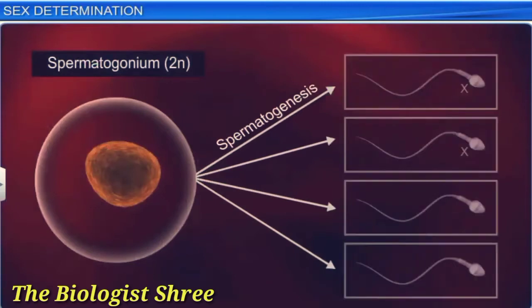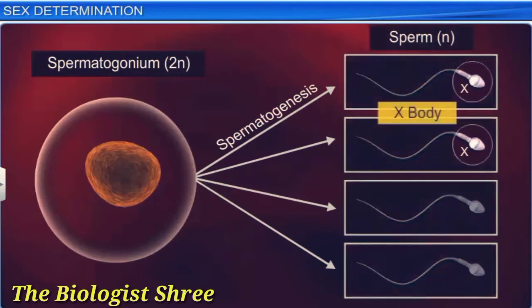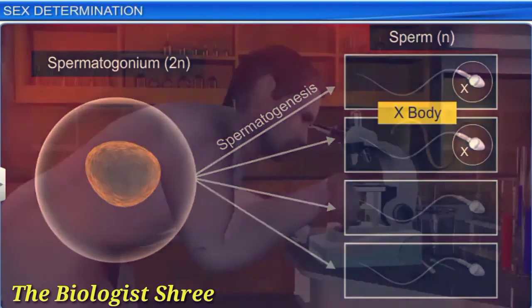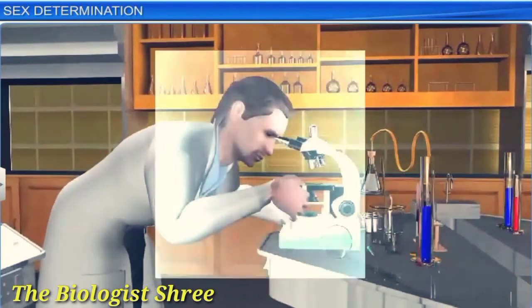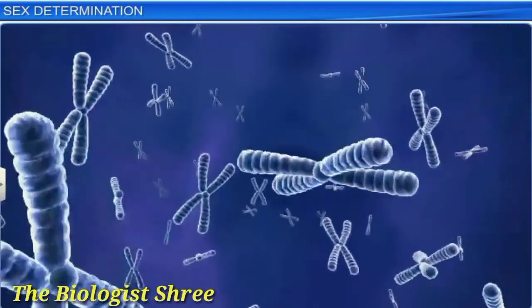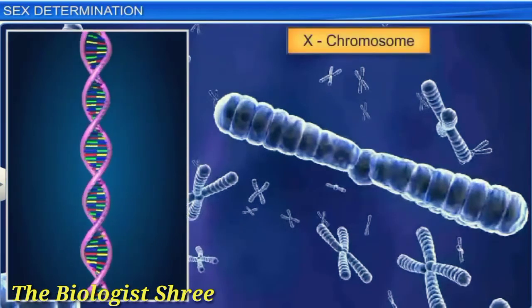However, he also noticed that only 50% of the sperms received this structure. Henking named this structure the X-body. However, he couldn't explain the significance of this structure. Further research by several other scientists led to the conclusion that the structure was actually a chromosome, and they named it the X chromosome.